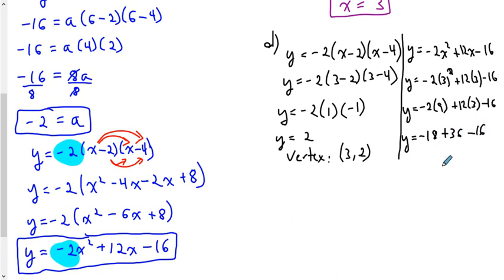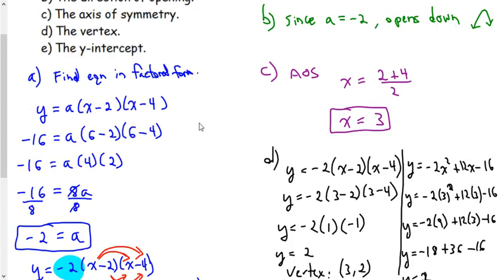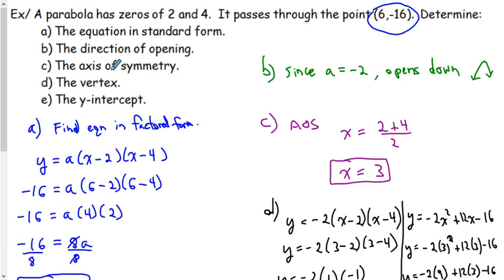Minus 16. Oh, that works out to 2. So look, we got the same answer, no matter which equation we used, and we should, because those are equivalent equations. We should get the same answer no matter which version of the equation we use. Okay, so that gave us our vertex.